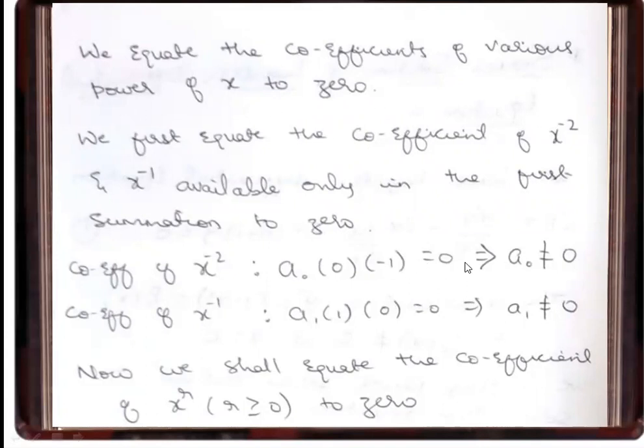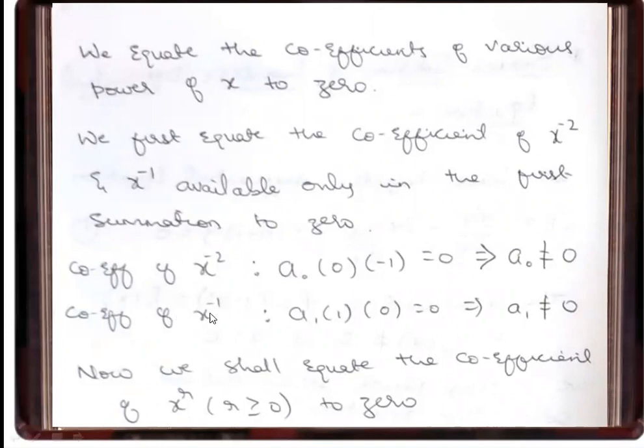Which implies a naught is not equal to 0, because the product of three numbers is equal to 0, not necessarily a naught is equal to 0. That is why a naught is not equal to 0, because there is already one 0 present here. Not necessary that a naught also should be equal to 0.